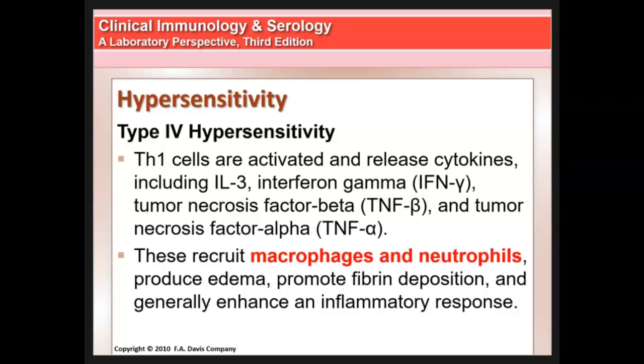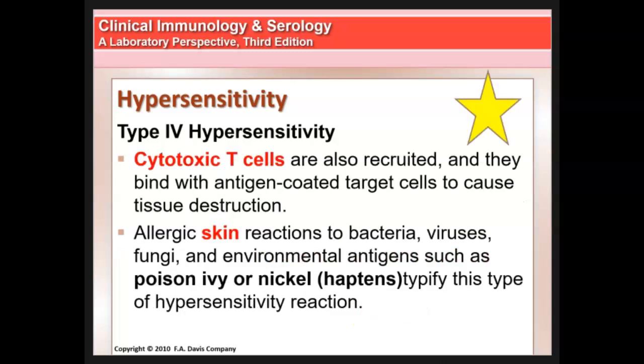Okay, T helper 1 cells are activated and release cytokines, all kinds, interleukin 3, interferon gamma, tumor necrosis factors beta and alpha, and these cytokines recruit macrophages and neutrophils to the area, which produce swelling, clotting, and generally enhance an inflammatory response.